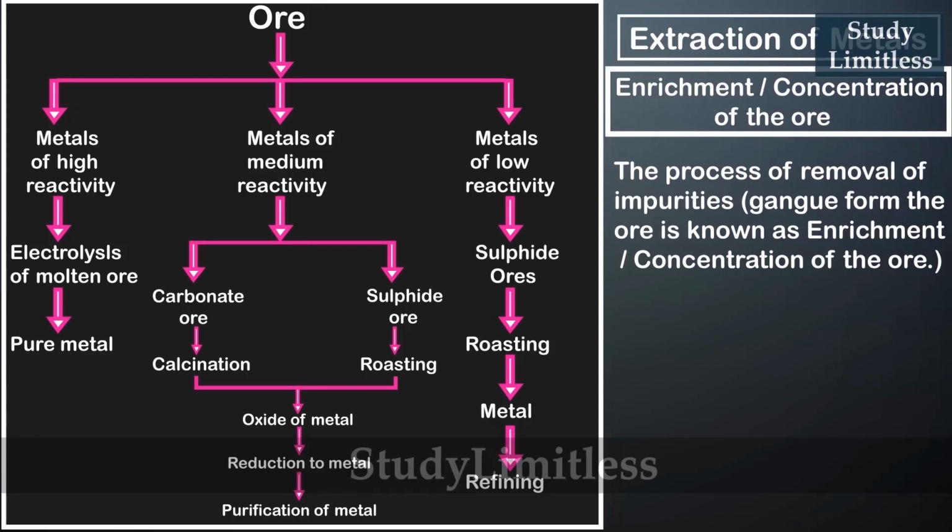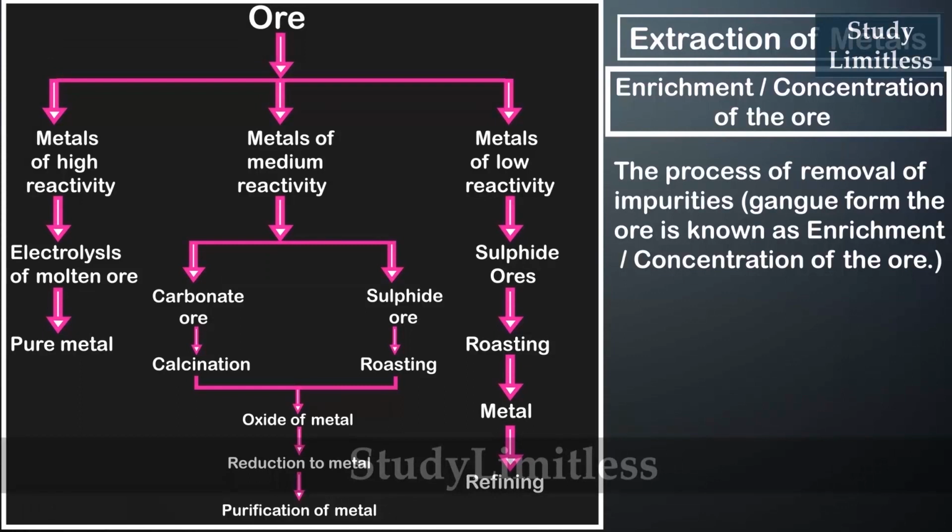We'll talk about these terms, calcination and roasting, in detail when we talk about the processes individually. Then, after calcination or roasting, you get the oxide of the metal, which is then to be reduced to the metal, that is the reduction process. And finally, you have the purification of the metal and you get the pure metal.